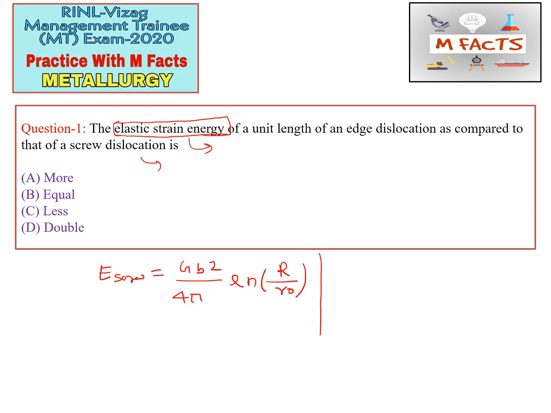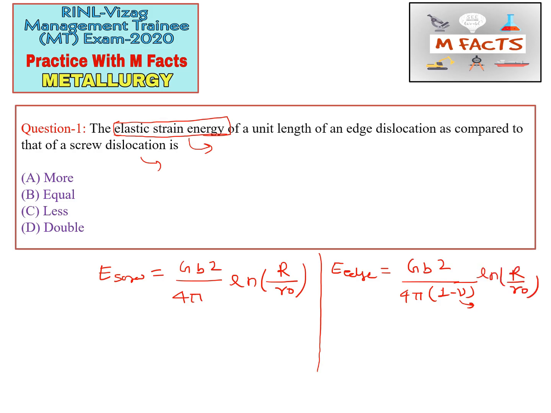So this is the elastic strain energy for screw dislocation, and this is the elastic strain energy for edge dislocation, that is Gb square by 4 pi into 1 minus nu, ln of r by r naught. Here nu is the Poisson's ratio, an extra term in the elastic strain energy of edge dislocation.